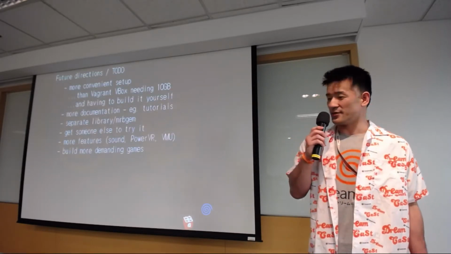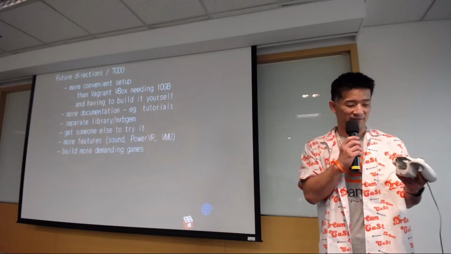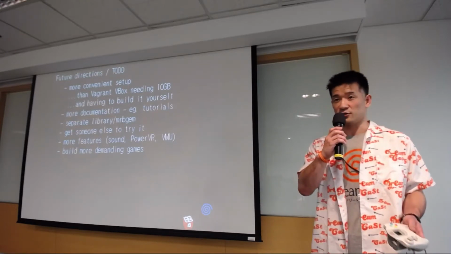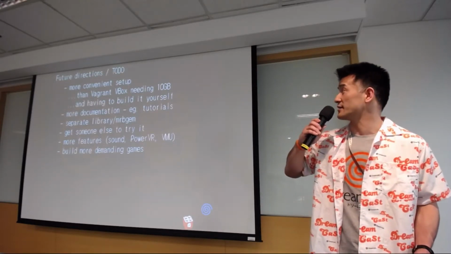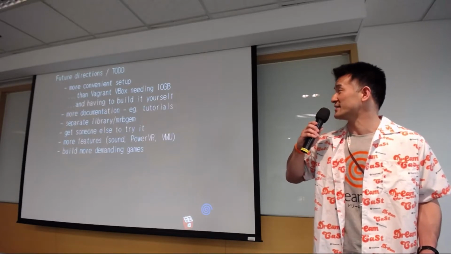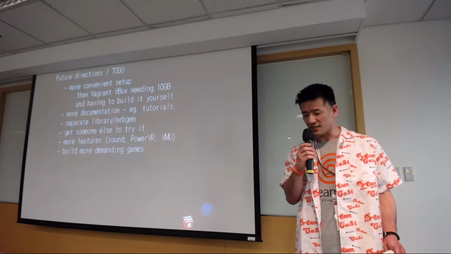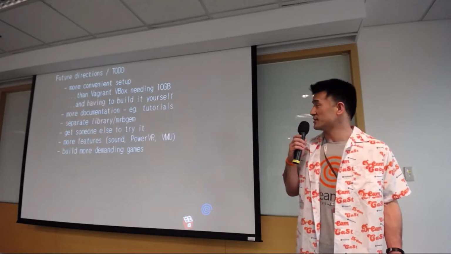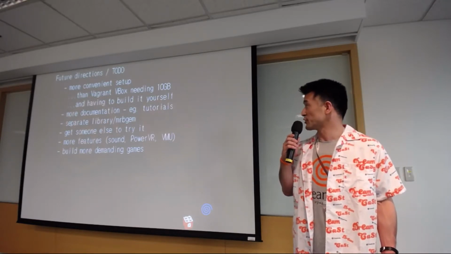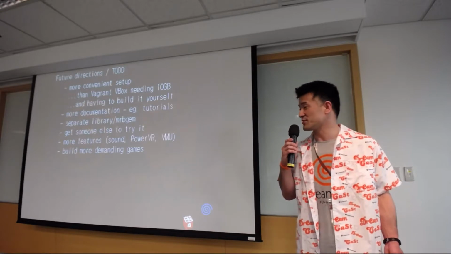For this development environment I'm building, I would like to automate a lot of things, and also currently it takes 10 gigabytes of space and takes a lot of time, and I'd like to change that. And also I'd like to publish more documentation, like tutorials.